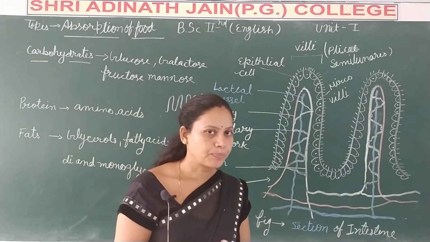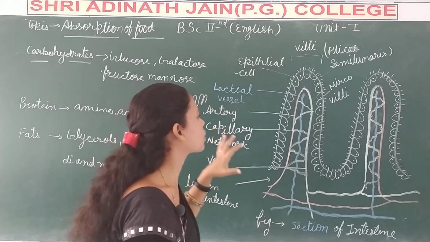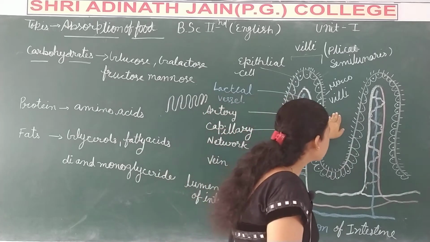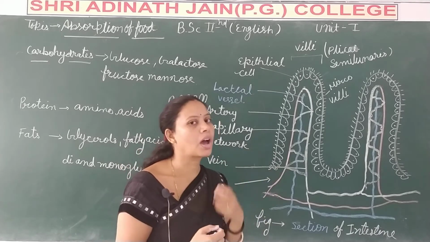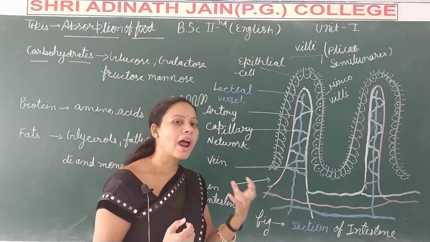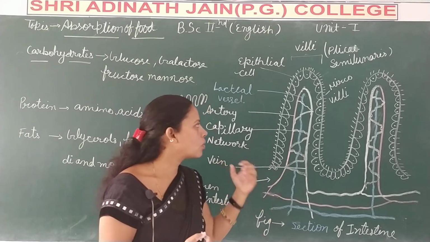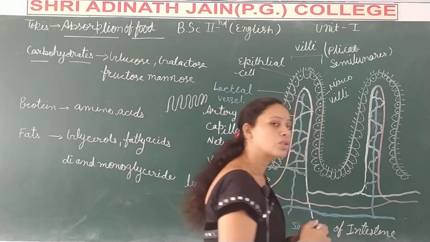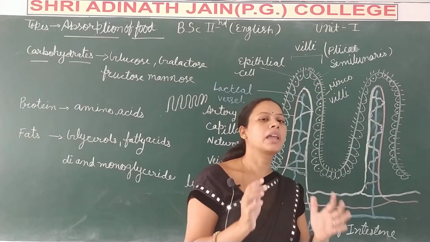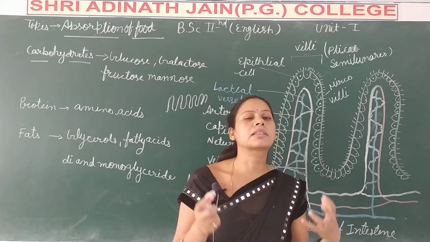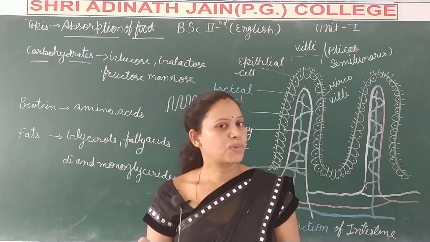And the second thing, on the surface of the villi, some small projections or hairy structures are also present, and these are known as microvilli. With the help of these, the area increases again, and they help most of the food absorption.